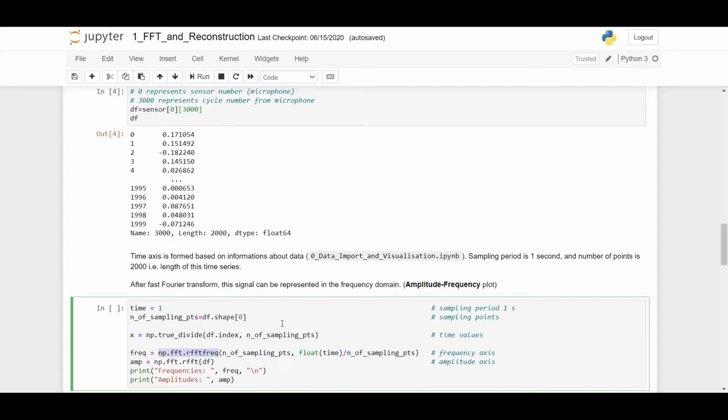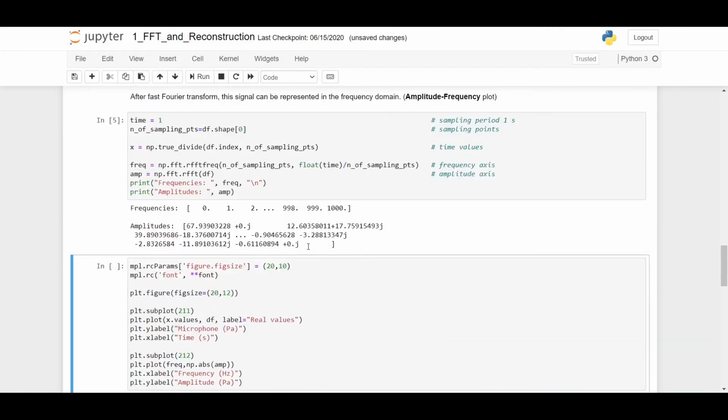Output is again one-dimensional array, but this time the array of amplitudes and phases which correspond to frequencies. Amplitudes and phases are stored in complex numbers and can be calculated in a very simple manner. We will use only amplitudes here, and they are calculated by taking the absolute value of complex number. Outputs from this cell are showing exactly that. This whole process will be much clearer after we look at few graphs from this example.